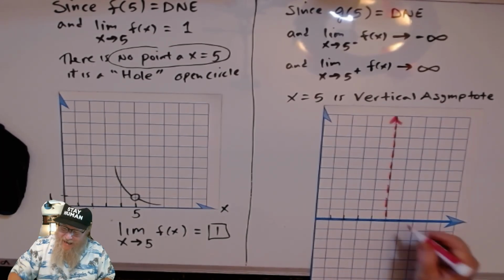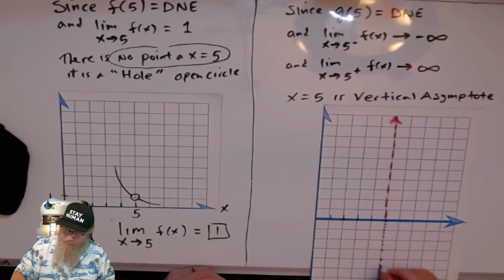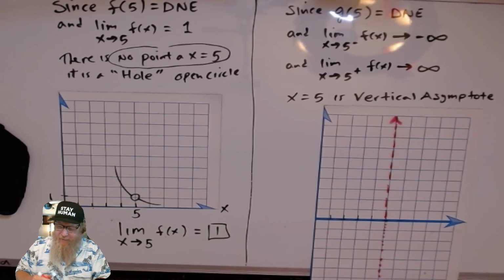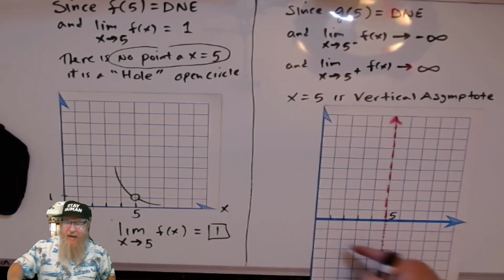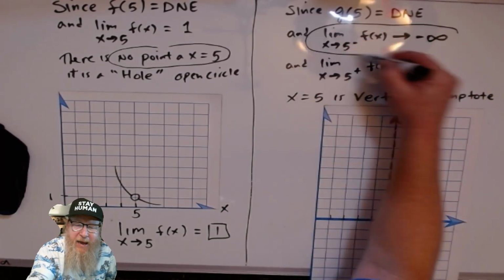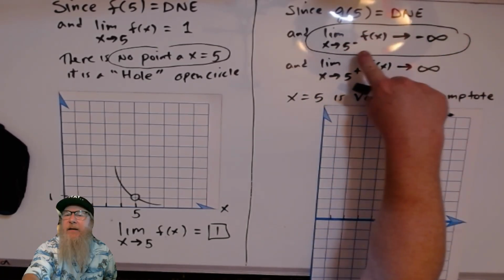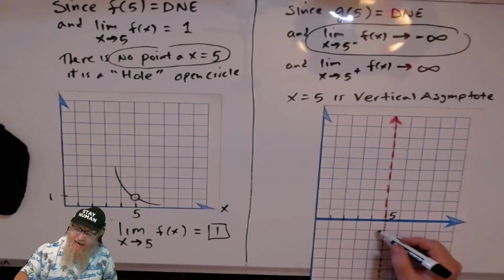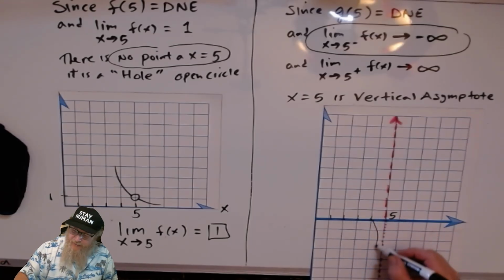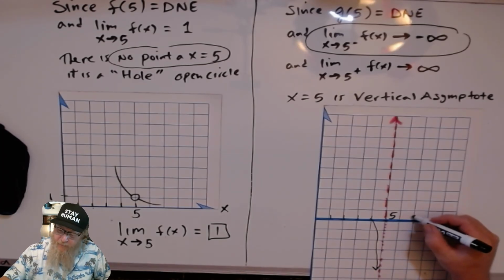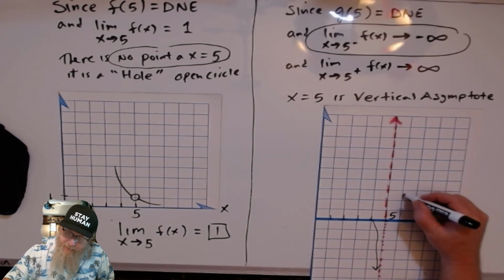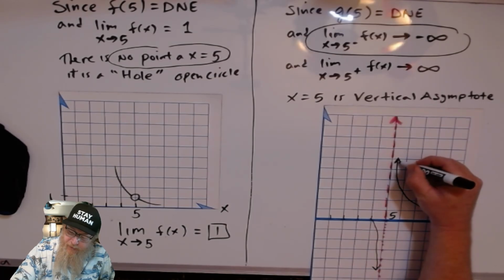So you have this asymptote at 5, x equals 5. And as you approach it from the left, the graph is going down, sort of like this. And then as you approach it from the right, the graph is going up, like that.